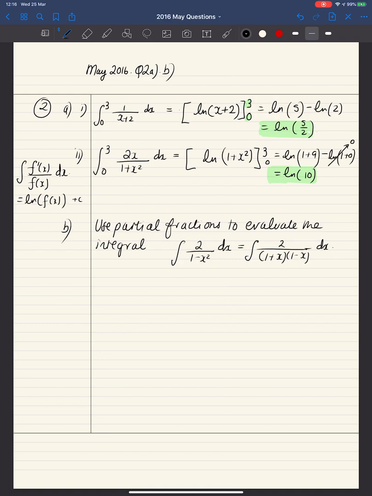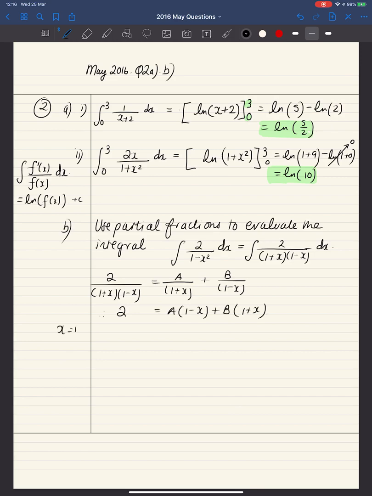So we're going to find the partial fractions for 2 over 1 plus x, 1 minus x. So this is a over 1 plus x, plus b over 1 minus x. Multiply both sides by 1 plus x, 1 minus x. So we get 2 equals a times 1 minus x, plus b times 1 plus x.